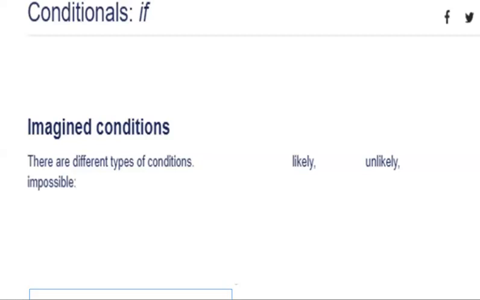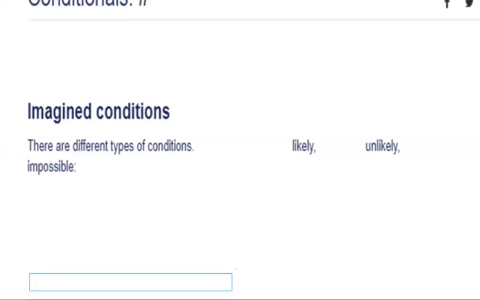An impossible situation will be like this: if from the two events, one of the events has no chance of happening, then this will be known as impossible. Now we will look into examples of how we will make the likely sentences, the unlikely sentences, and the impossible sentences.